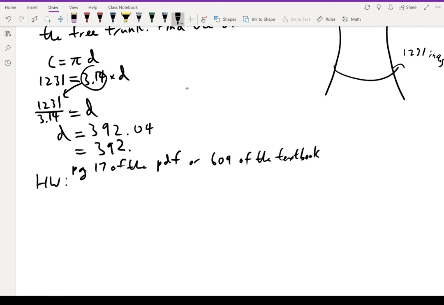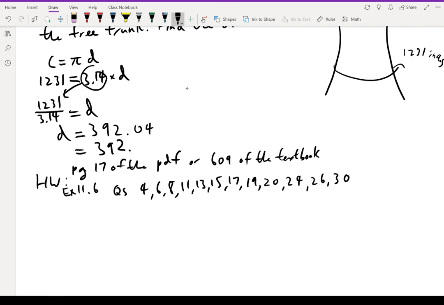It is exercise 11.6, and the questions will be questions 4, 6, 8, 11, 13, 15, 17, 19, and then question 20, 24, 26, and 30. Now, question 20 may be a little bit tricky.